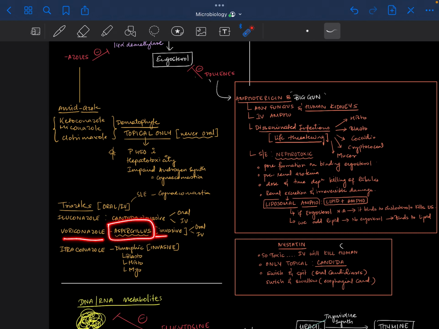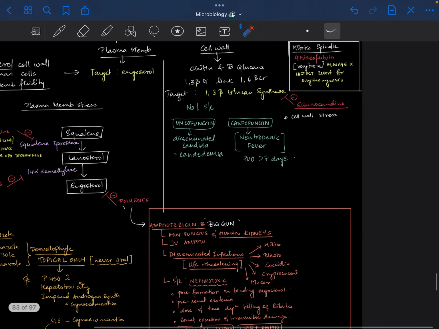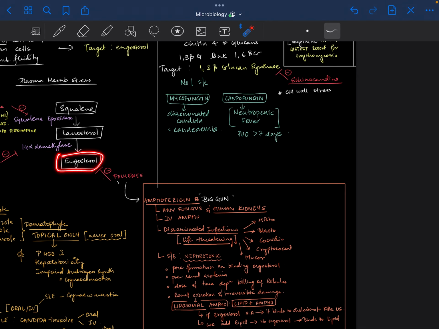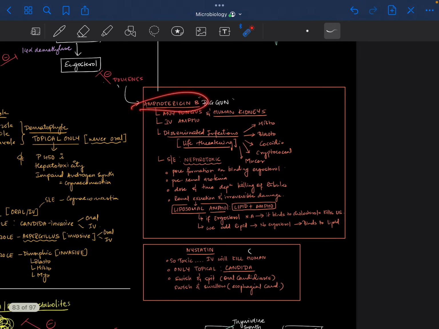Voriconazole for aspergillus of different types, invasive, not disseminated. Itraconazole for dimorphic fungi. Triazoles only for invasive, not disseminated. When we go to the last step, ergosterol is inhibited by polyenes, which is amphotericin B and nystatin.